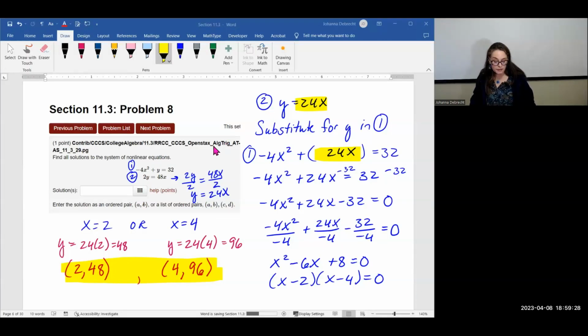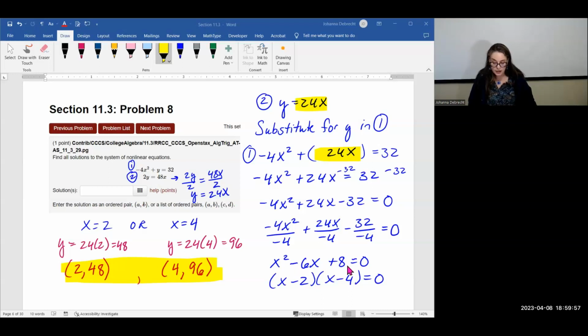Now take a look at what I've done here. I took the line again to solve for one of the variables in terms of the other, and I got y equals 24x. Since this came from equation 2, it has to be substituted into equation 1 in place of y. Then I simplified the equation, moved everything to the left, and divided by a common factor of -4 so I could have a positive leading coefficient.